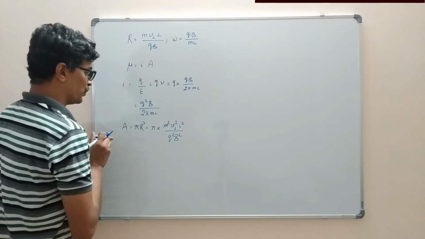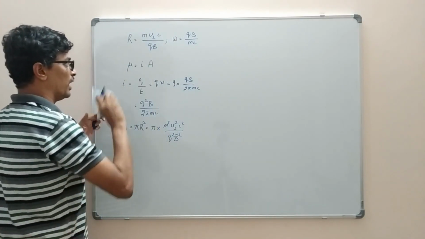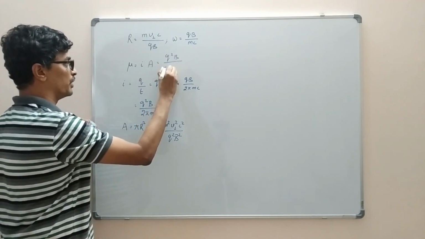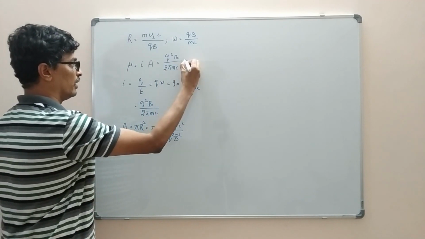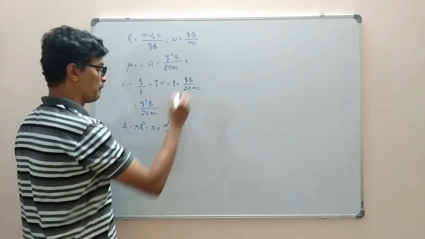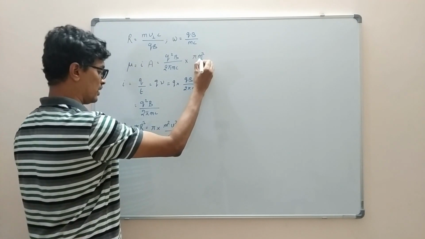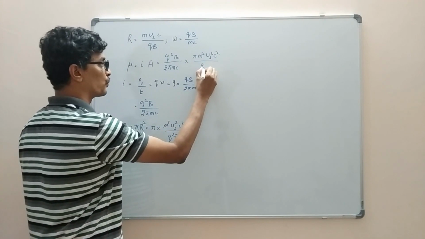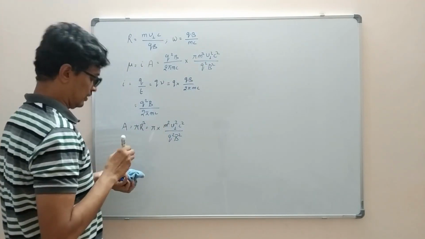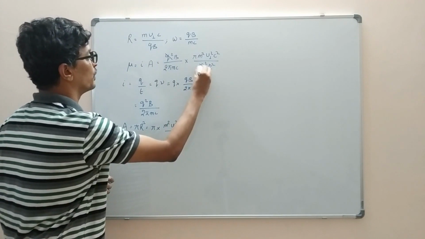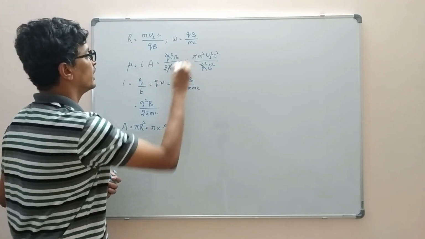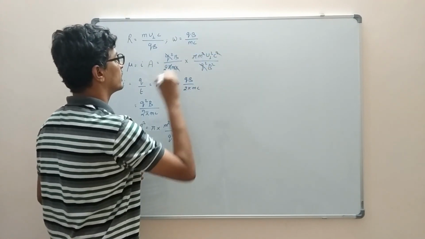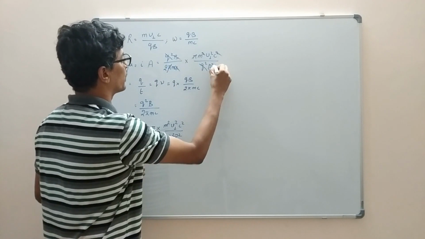Therefore, my mu is going to be I into A. So I is Q square B divided by 2 pi MC, into pi M square V perp square C square divided by Q square B square. Well, Q square cancels off, pi cancels, M square and M cancel, C square and C cancel, and B and B square cancel.